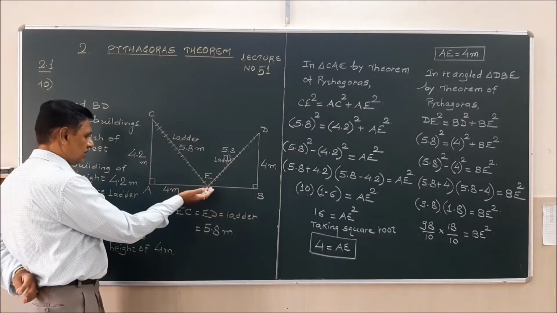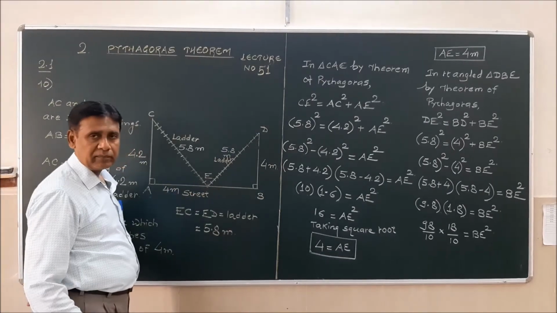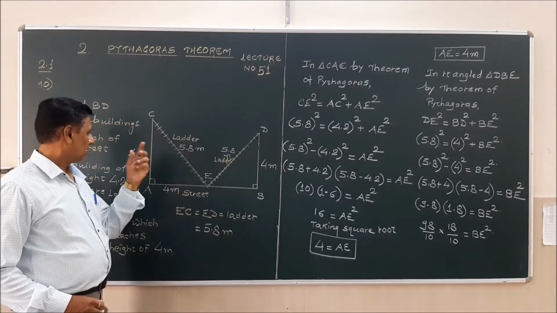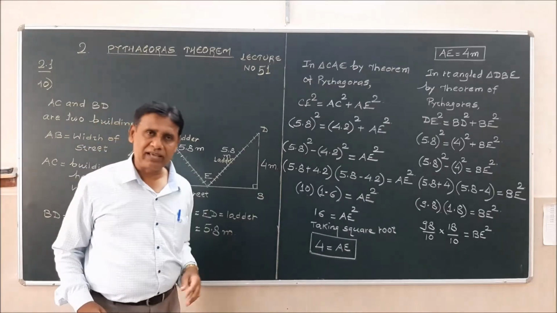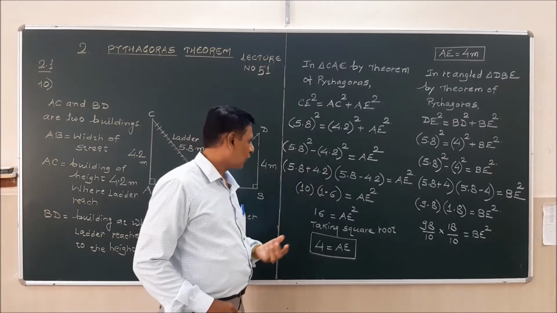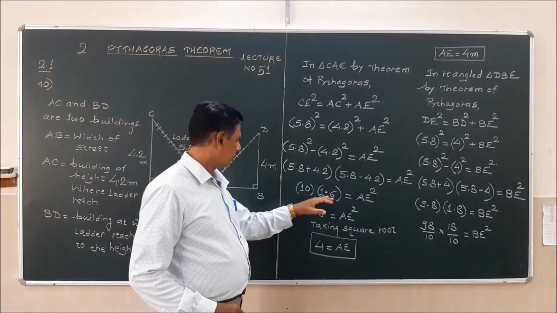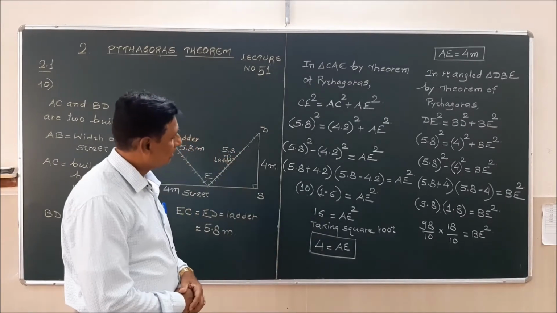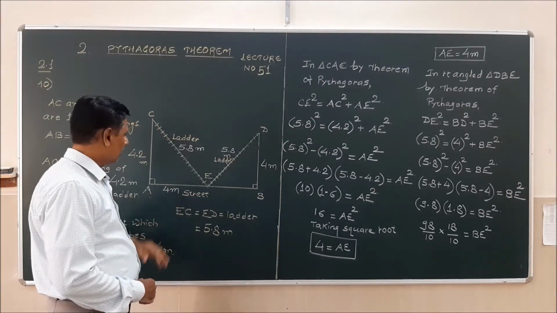So if we find out AE as well as BE, by using the theorem of Pythagoras, 5.8 square minus 4.2 square. So I use the formula A plus B, A minus B: 5.8 plus 4.2 and 5.8 minus 4.2. 10 into 1.6, 16. So AE square is 16, square root of that is 4. Okay, this part is over and I got it as 4.